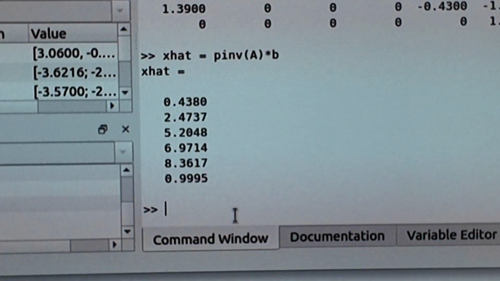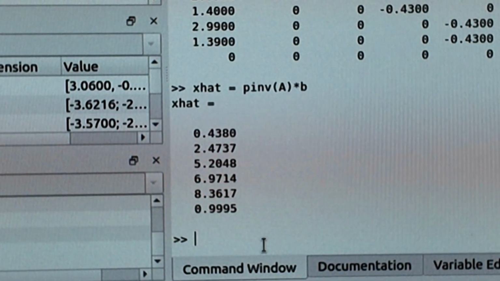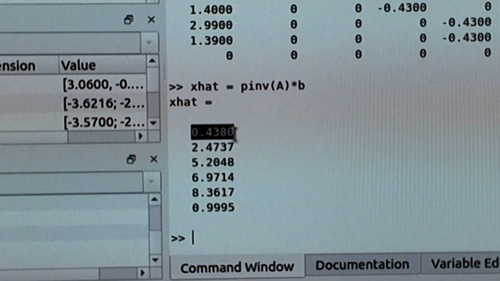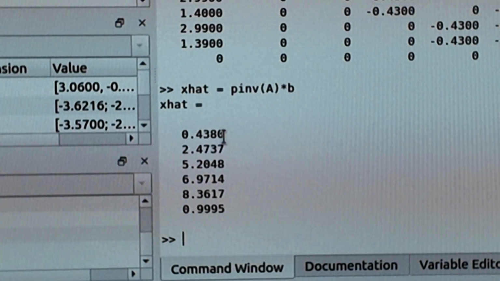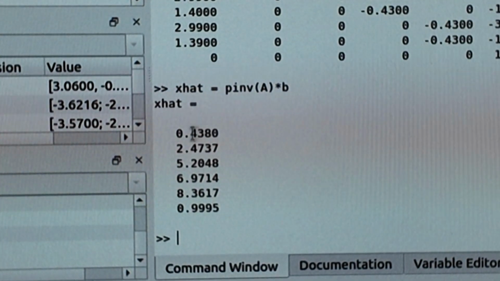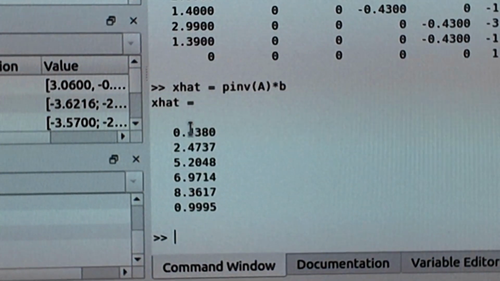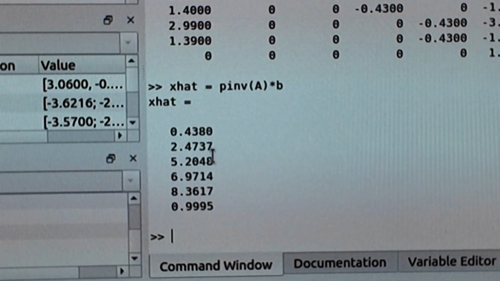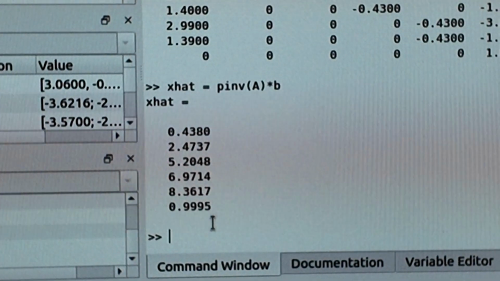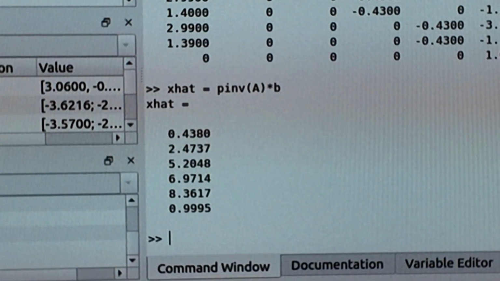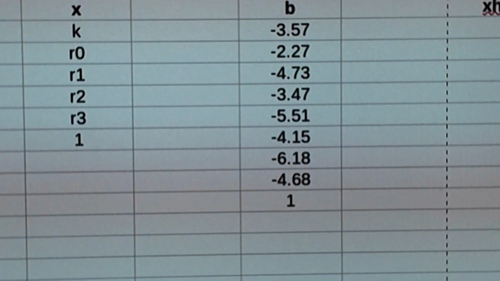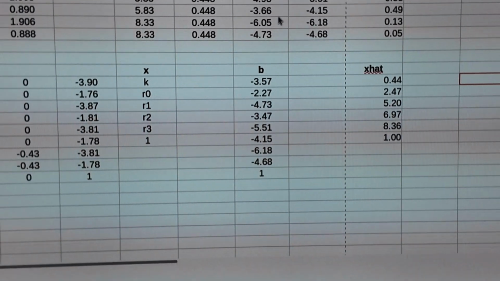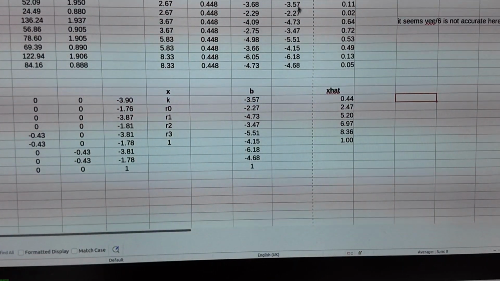And we get some solutions, and the very interesting thing about this is that K comes out at 0.438 and the textbook value was 0.44, so pretty close. And then we get these radii out, and these differ slightly from the calculations that I did without using the least squares solution.